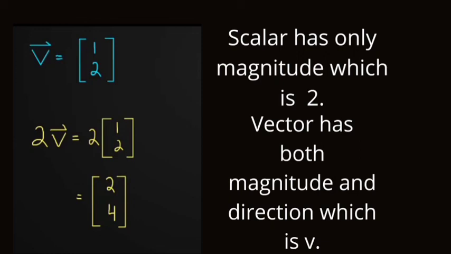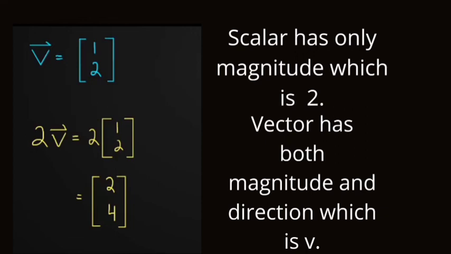Therefore, the multiplication of the scalar by the vector is 2 times v, and that gives 2 multiplied by the component vector 1 and 2. 2 multiplied by 1 is 2, and 2 multiplied by 2 is equal to 4.